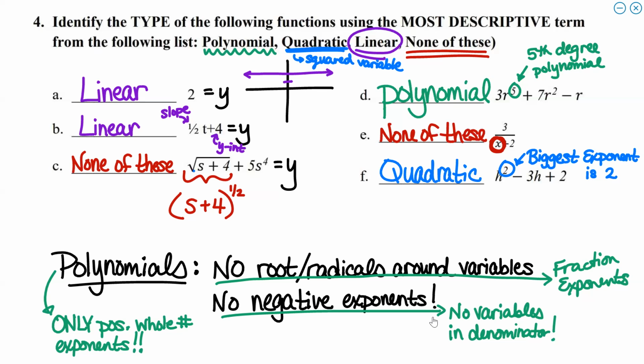So again, variables in denominators, variables underneath radicals. If you see either one of those, it is not a polynomial. So far, so good? Do you guys want to look at number 5 next? All right, let's go look at number 5.